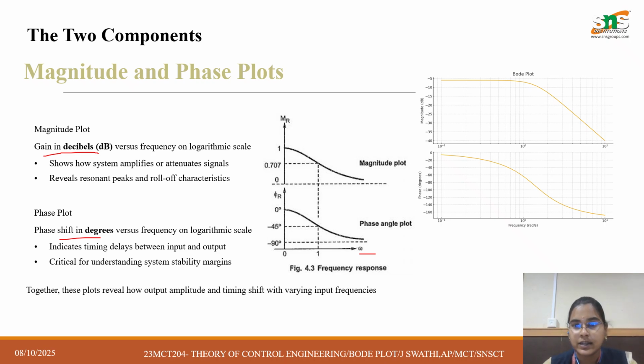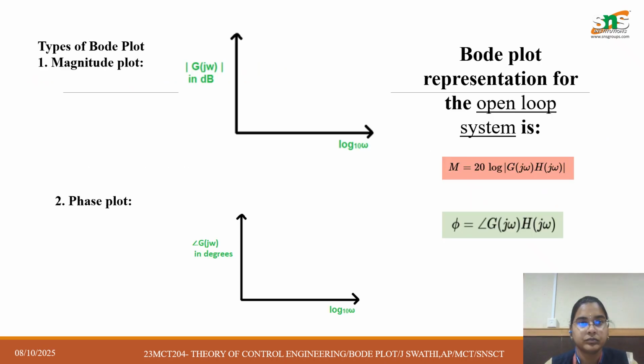Here is another example, and these may differ according to the system's values. Coming to the neat sketch, you can see the system frequency, which is marked on a log scale, and for the magnitude, that is gain, you have decibels, and for the phase you have degrees.